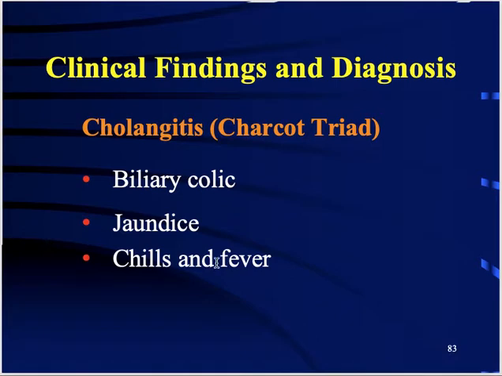The most common presentation is fever, with pain, and of course the pain is epigastric or right upper quadrant, and jaundice. So pain, jaundice, fever with chills. These three clinical features are collectively called Charcot's triad.